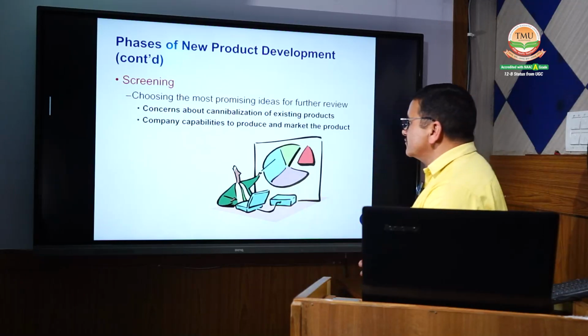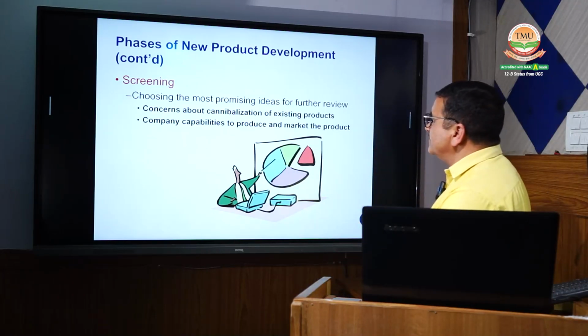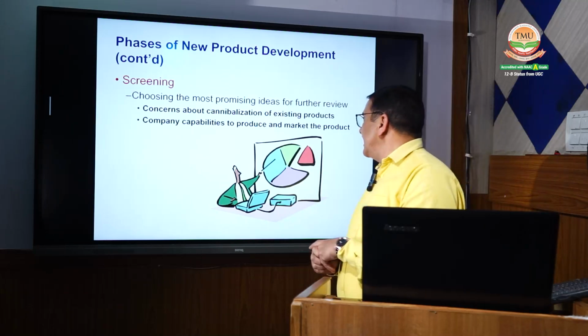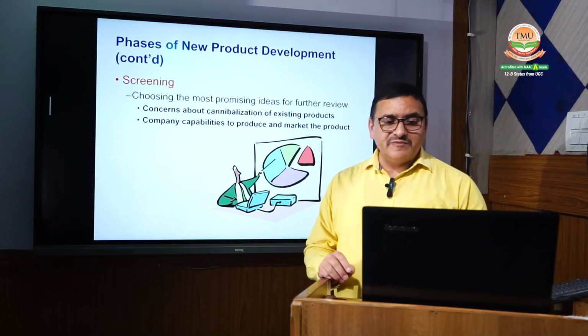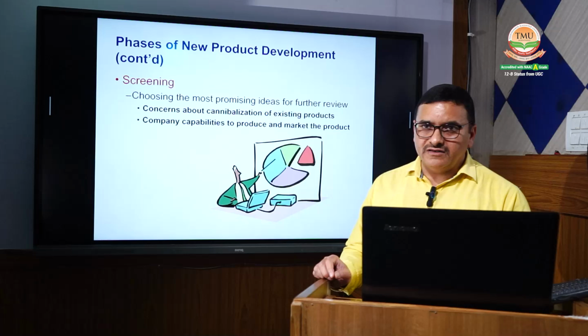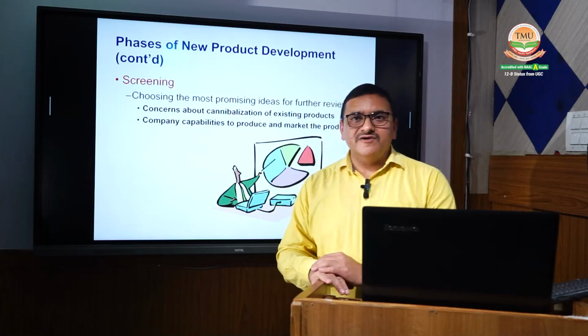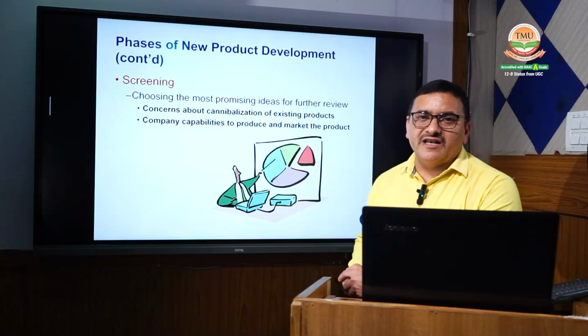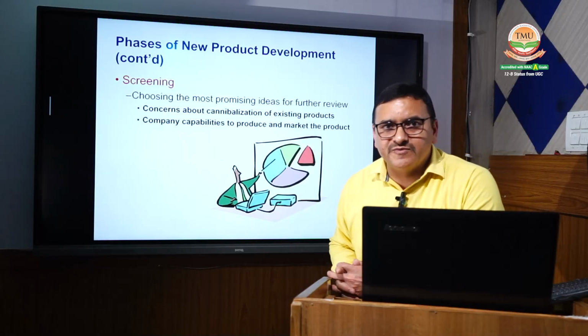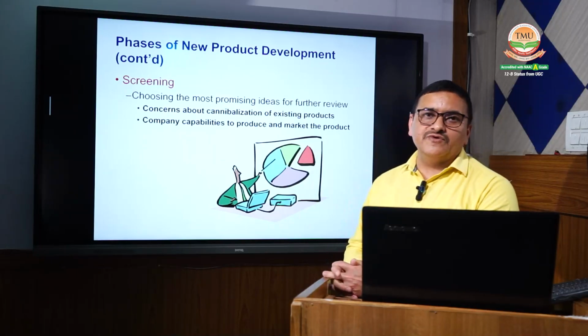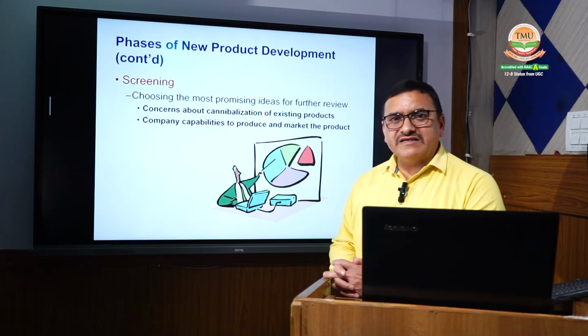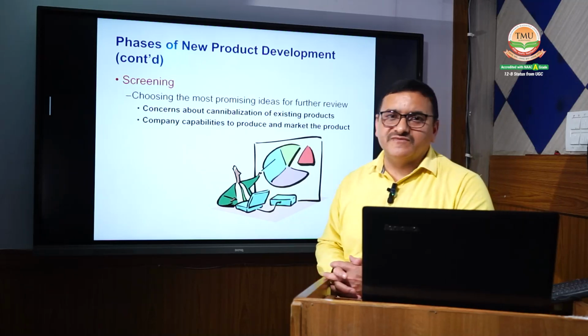Then we can also go for identifying the company capabilities to produce and market the product. Whether we will be able to produce the new product or not, there is a question mark here. Question mark means if we don't have the technology with the help of which we will be able to produce the new product, then definitely we will have to go for technology transfer or technological collaboration with some firm.